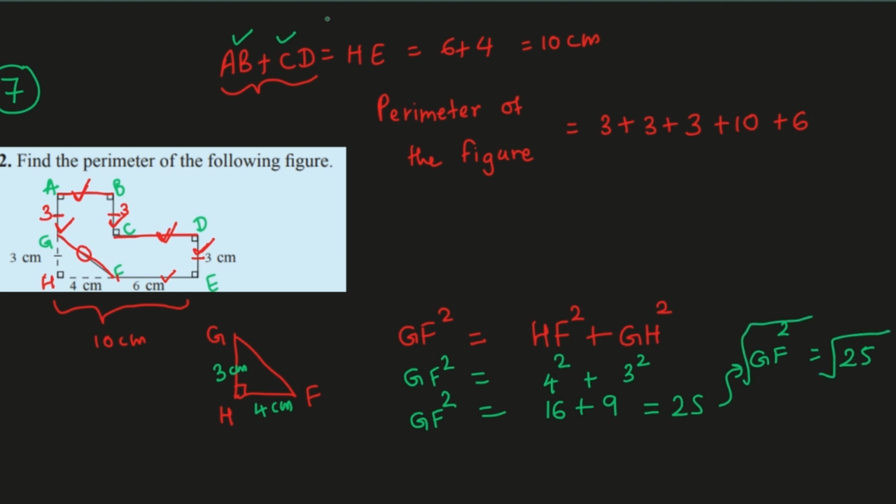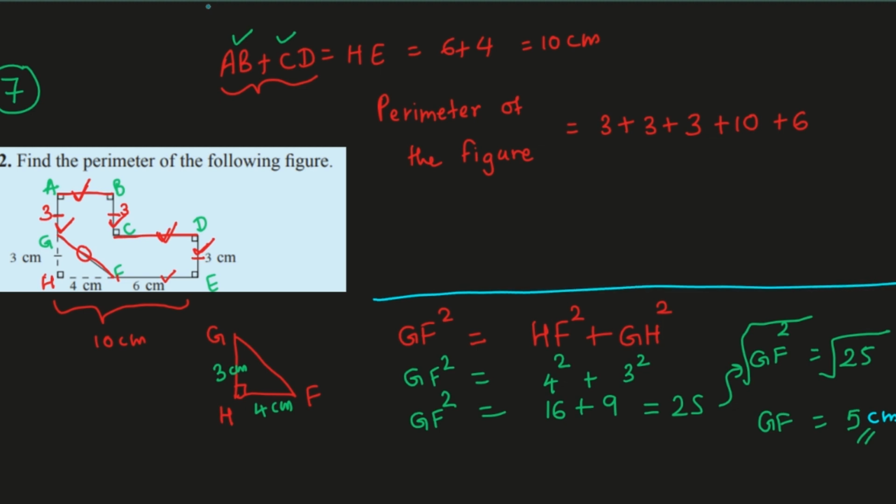So the square root of GF squared will be GF, and the square root of 25 will be 5, because we know that 5 into 5 equals 25. So due to that, the square root of 25 will be 5. So now we know that the value of GF equals 5 centimeters, as we calculated here.